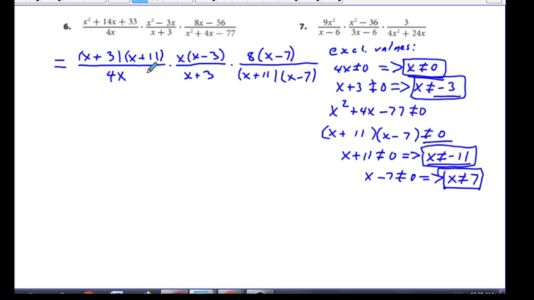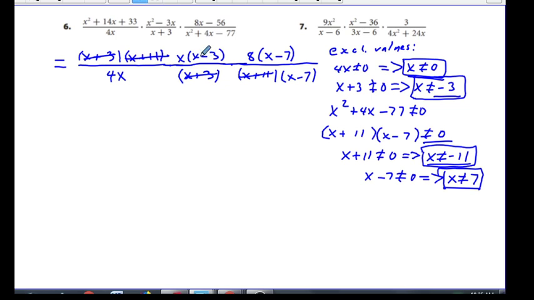And so if we've done this right, we should be able to cross out stuff all over the place and have a very simplified answer. So we have, and now it's just like you put all these under one division bar. And so what we have is x plus 3 cancels x plus 3. X plus 11 cancels x plus 11.